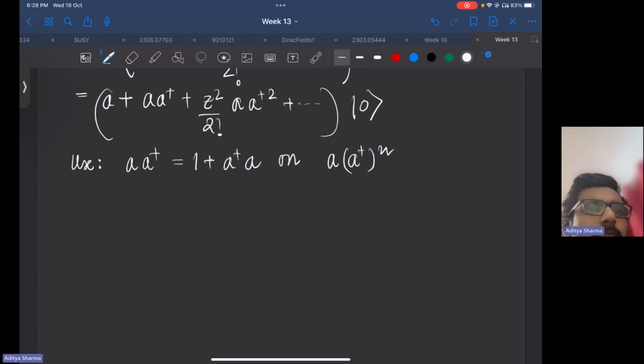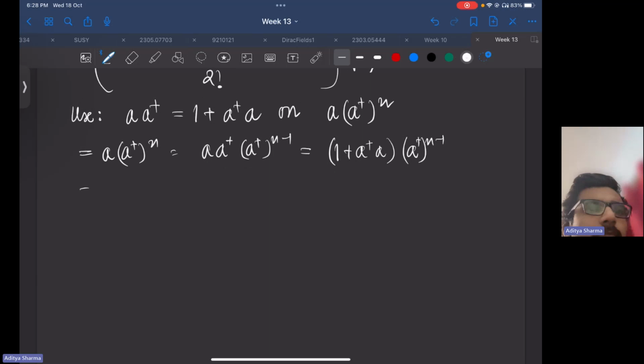Suppose we have something like this, and this implies that A A dagger n is equal to A dagger n minus 1 times 1 plus A dagger A. This is equal to A dagger n minus 1 plus A dagger. Now we choose A dagger n minus 2.